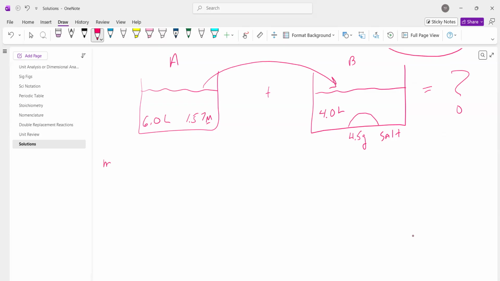Okay, so let's do the moles first. If we already know the concentration and the volume, we can calculate moles simply by multiplying them together. Okay, if we don't know the concentration, but we know how much dry solid was added, we can calculate that. Okay, so we have grams times the molar mass of salt, which is what, 58.44?